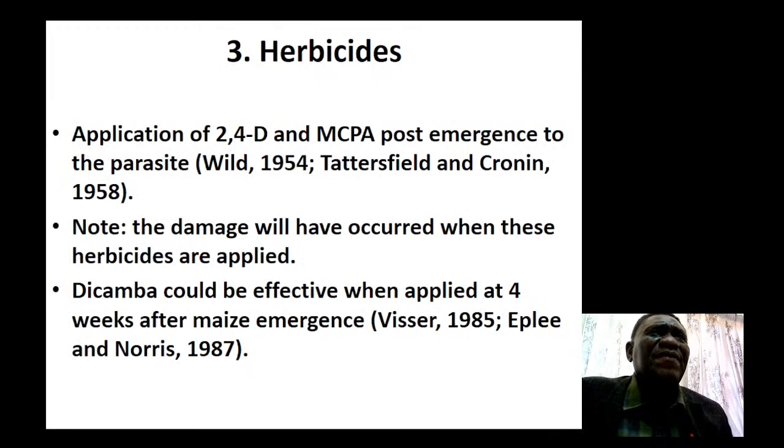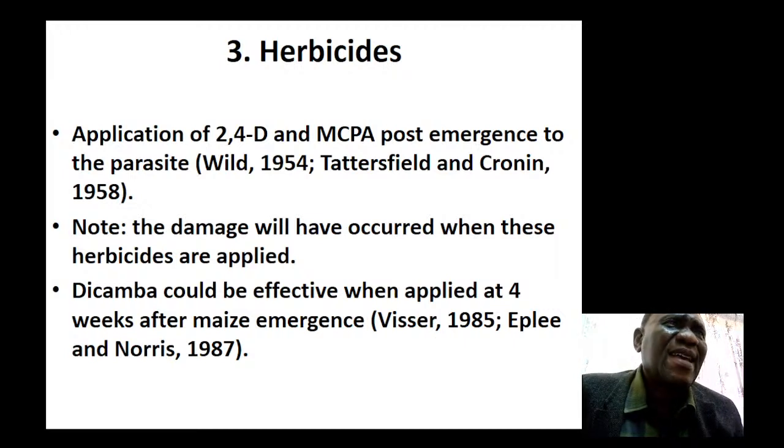Herbicides, we do have old herbicides like 2,4-D, MCPA, which were used by the then commercial farmers, and they succeeded probably in suppressing parasitic weeds. But however, when we apply these post-emergence herbicides, the damage will have occurred.